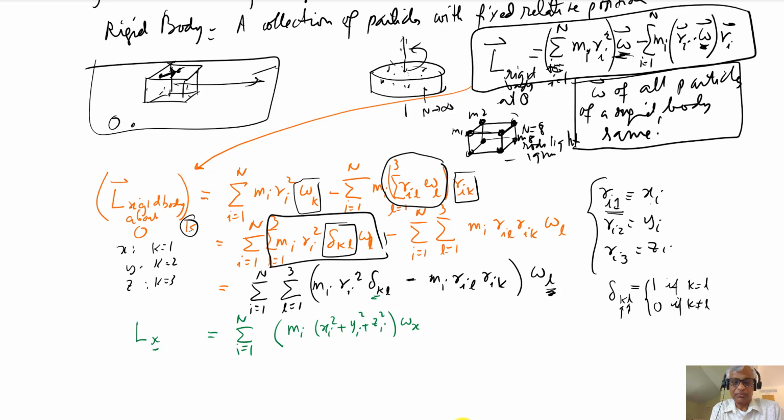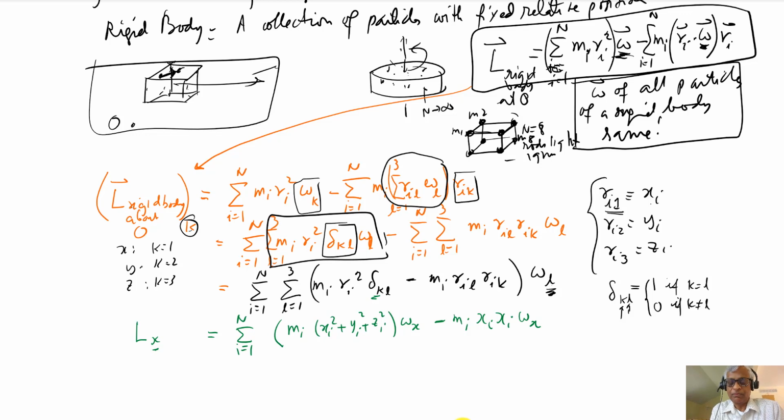And then from the second term, when I sum over l, I'm going to get mi. When l is 1, I get x, so I get xi, and k is already x, so this is xi omega x.